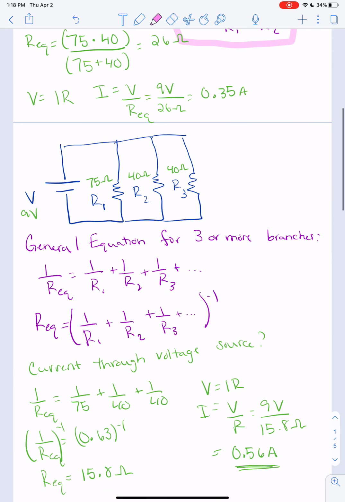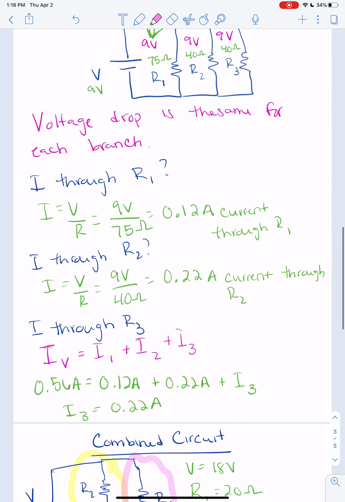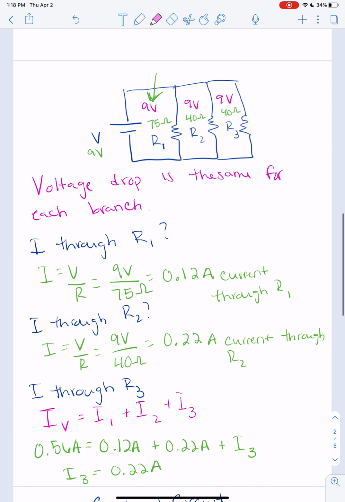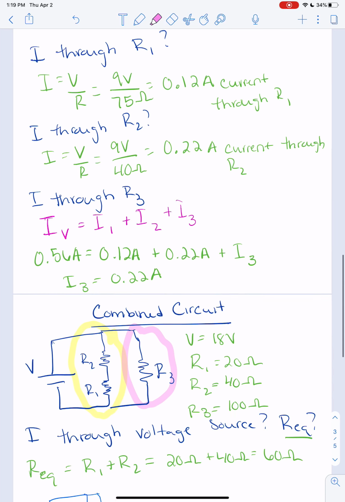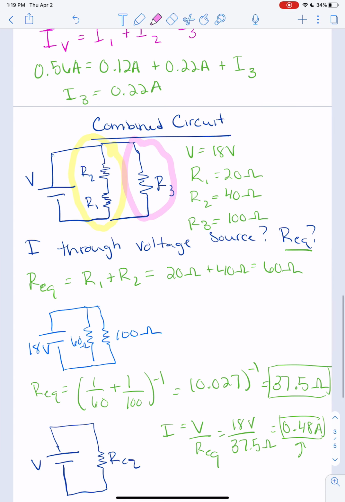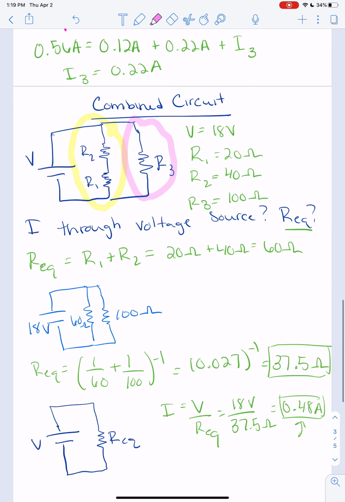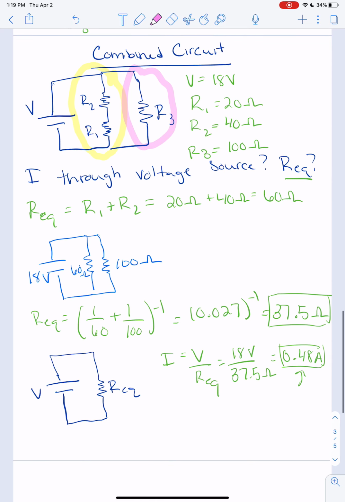Then we talked about if we have 3 or more branches, and we would use this equation here. Then we could go back and use our properties to determine the voltage drop and the current through each branch. And then we talked about combined circuits, how to combine what we know about series and parallel to solve these big equations.